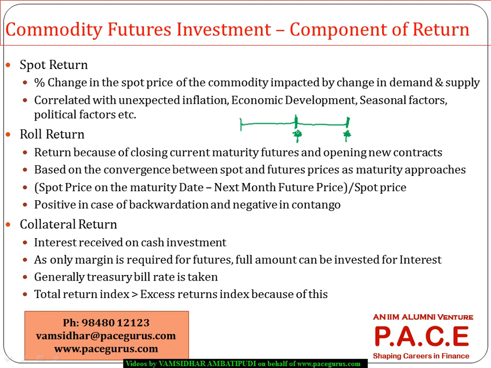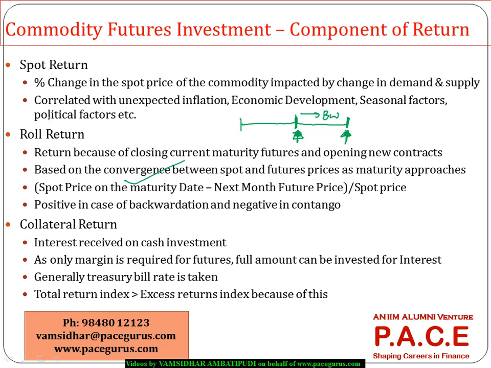So if this is more than this, it is an indication that the futures market is in backwardation. So there is a possibility of a positive rollover return coming up, and if it is negative, or if the market is in contango, the futures price will be greater than the spot price, meaning there is a possibility of a negative rollover return.